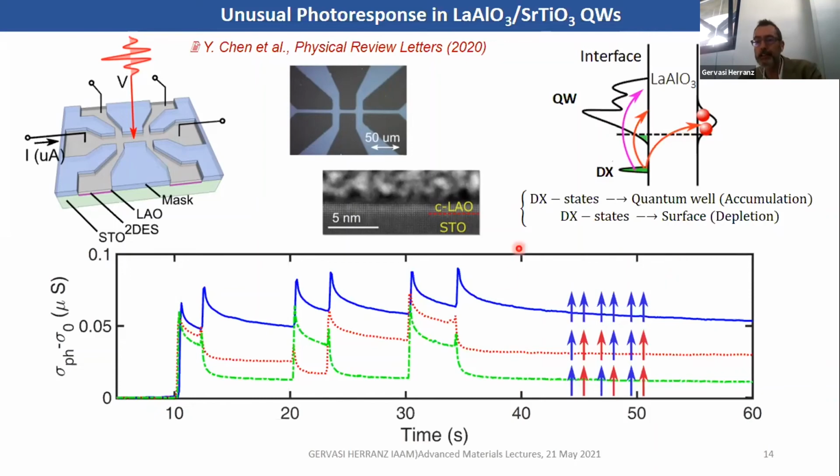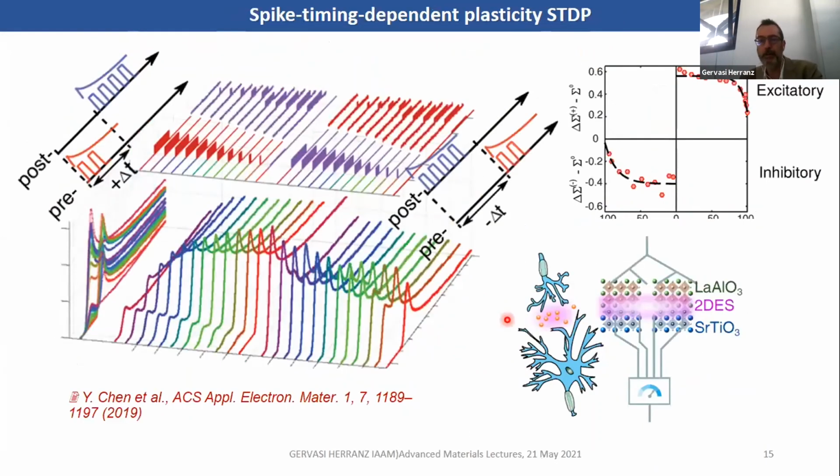But here the interesting thing is that we can play plastically with the conductance, and this plasticity can increase or decrease depending on the wavelength of the pulses and the time order of these pulses. And this is very interesting, for instance, for neuromorphic applications, where you can have inhibitory and excitatory pulses.